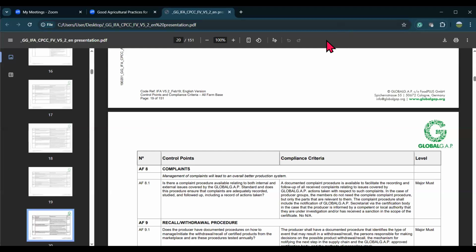So ideally, you should have a procedure for capturing all the complaints that the people you trade with have. Probably even from your workers, you should have a documented procedure because, like I said, these are some of the things you have to document to see that, okay, next year we had this complaint, we evaluated it, and we found that we can actually do better by doing this and that.